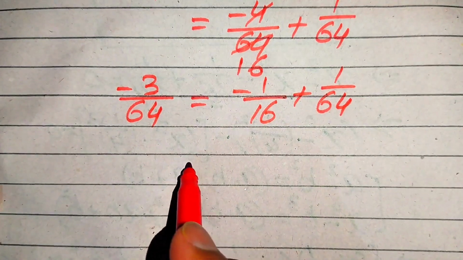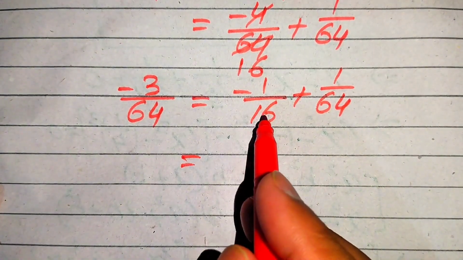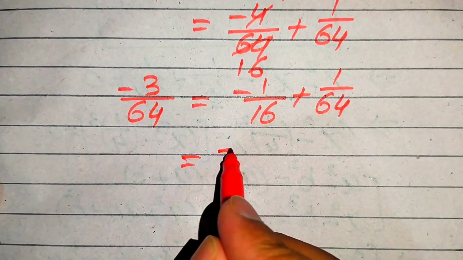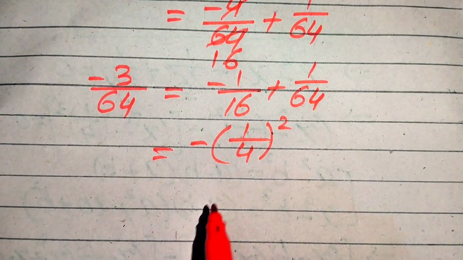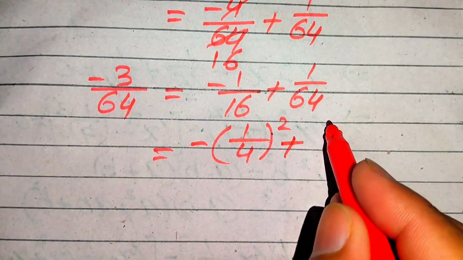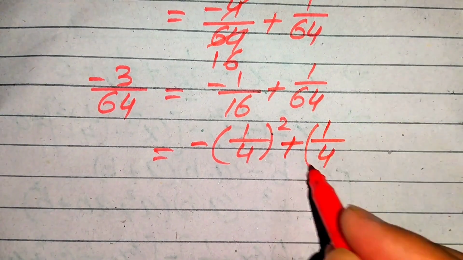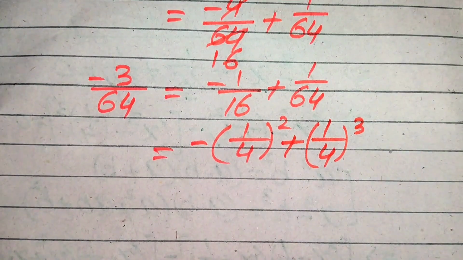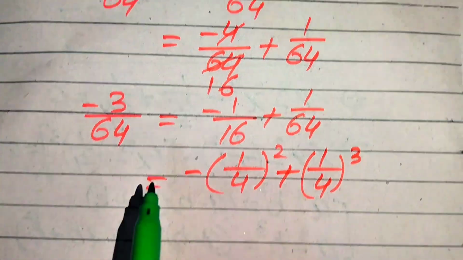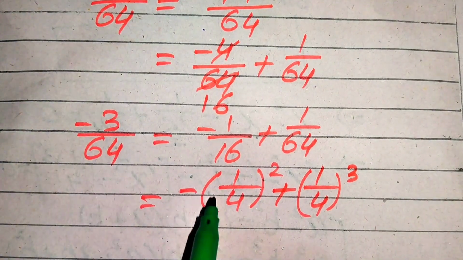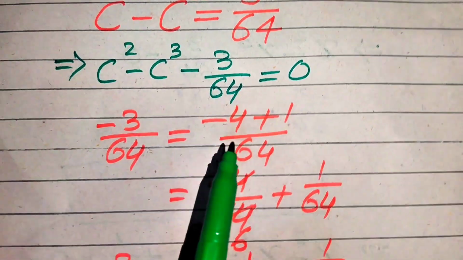And here we again rewrite this: we write this minus 1 over 16 as minus 1 over 4 whole squared, and we write 1 over 64 as 1 over 4 whole cubed. So we replace this value of minus 3 over 64 into the given equation.